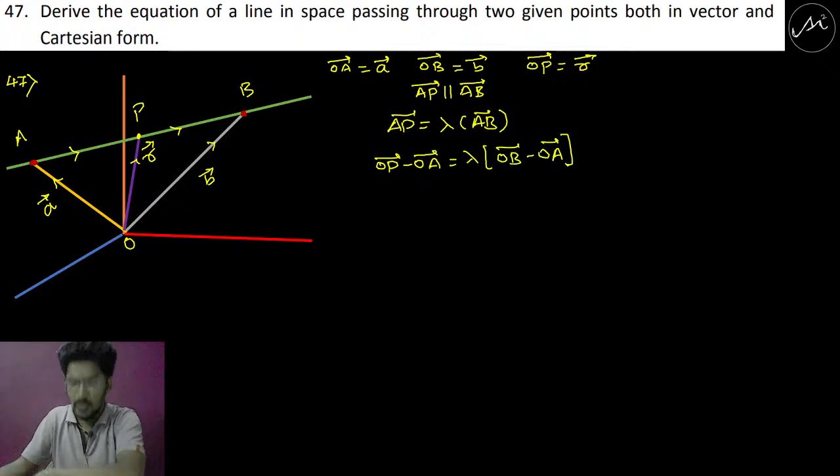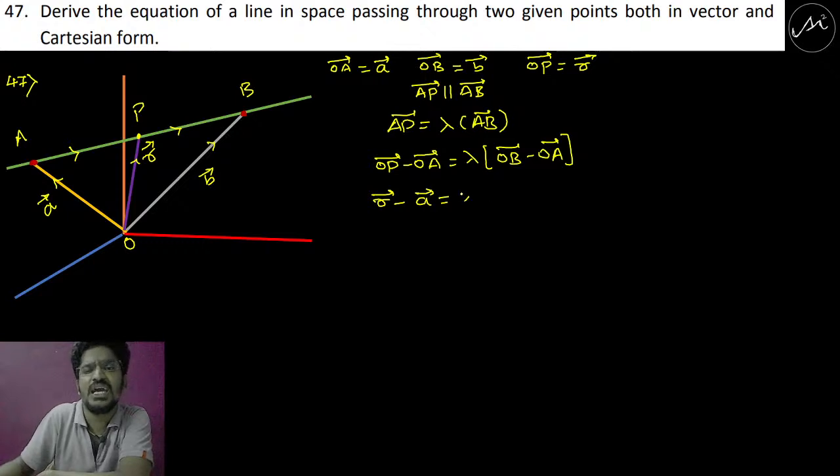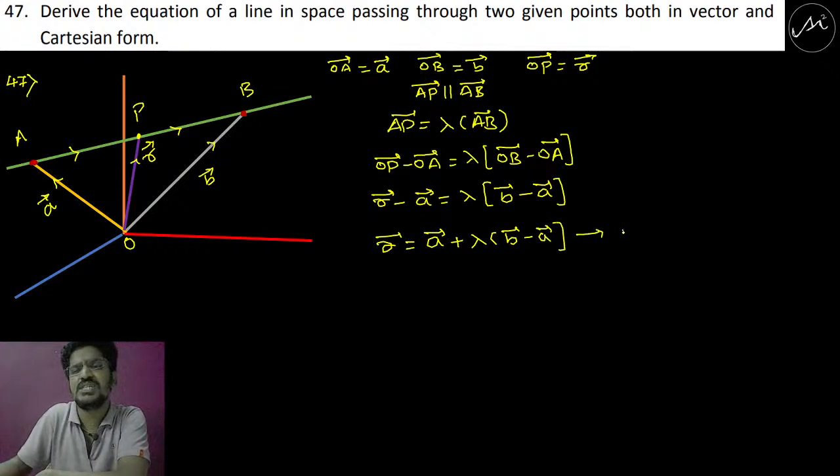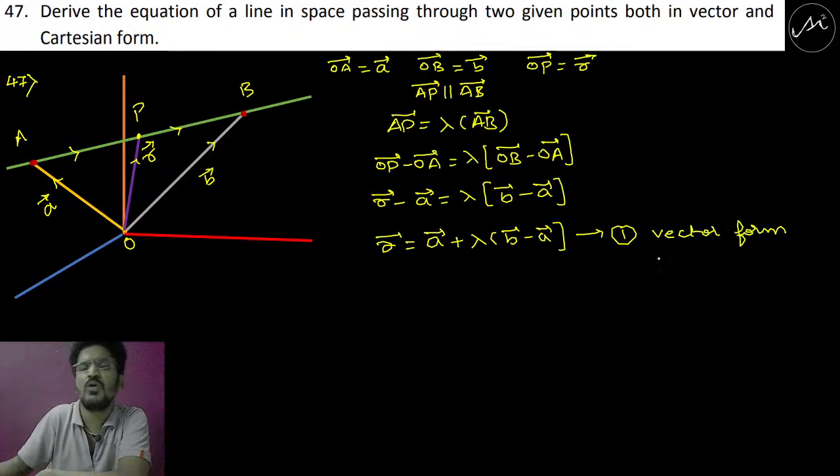Now vector OP is vector r, vector OA is vector a, and vector OB is vector b. Therefore, vector r equals vector a plus lambda times (vector b minus vector a). So this is your equation 1, and that is your vector equation, or you can say the vector form.